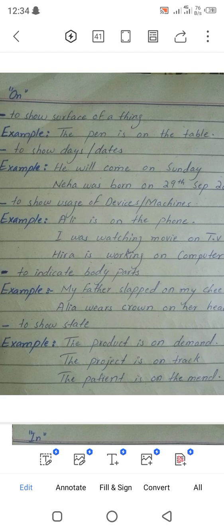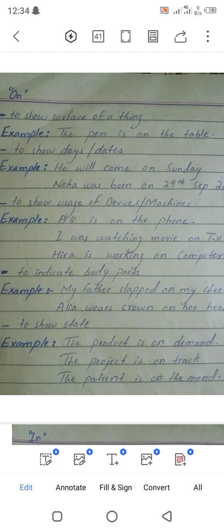Before going into the details of the prepositions, I would like to introduce what prepositions are and what basic terminology the word preposition consists of and what it means at the most basic level. The word preposition consists of two parts: pre and position.